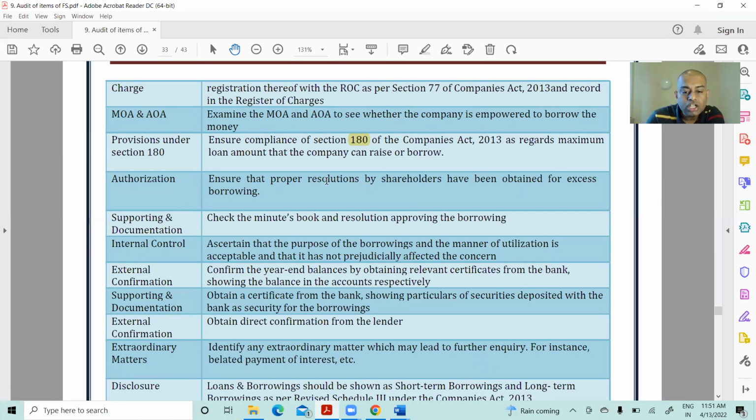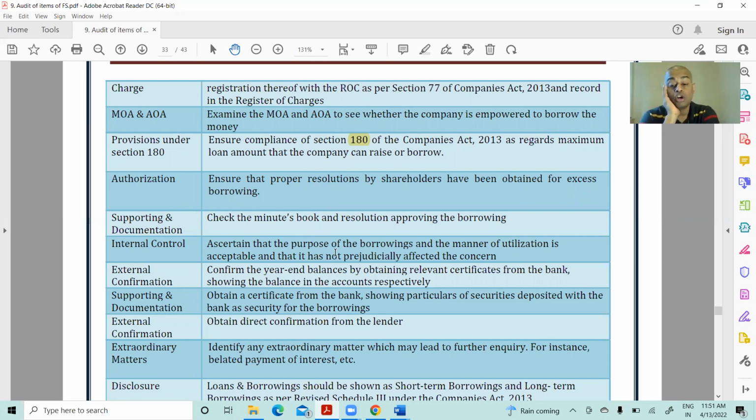Ensure that proper resolutions by shareholders have been obtained for excess borrowing. What is excess borrowing? If the borrowings are going beyond share capital, free reserves, and security premium, that is called excess. Then shareholder resolutions are needed, and the auditor has to verify the minutes book resolutions approving the borrowings. You cannot just inquire.